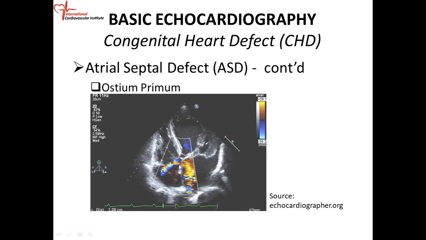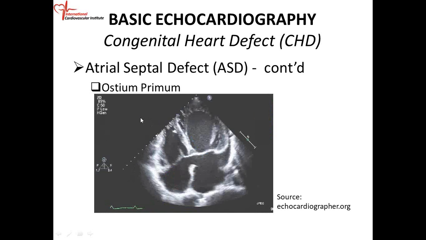So again, your ostium primum is a type of AV canal defect. It's usually associated with a cleft mitral valve and mitral regurgitation. So you see that this valve is on the same plane. You can see the defect in the lowermost portion of the atrium.